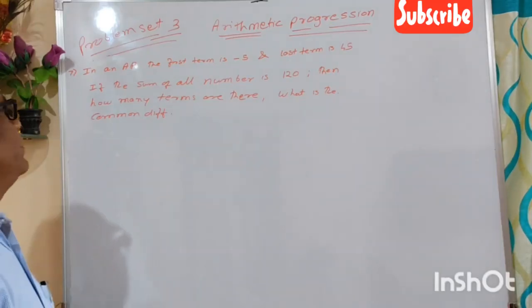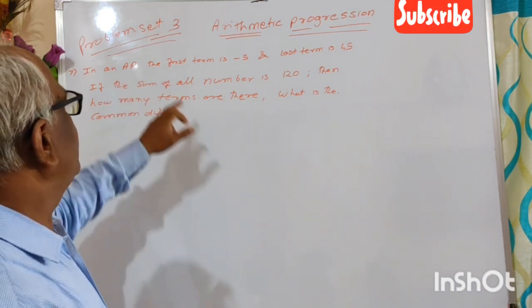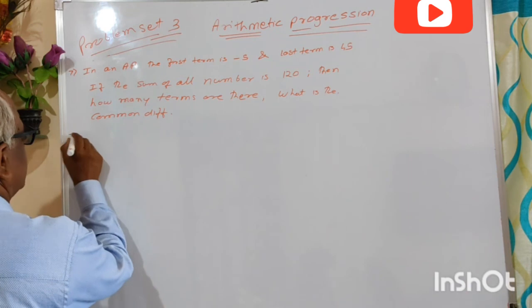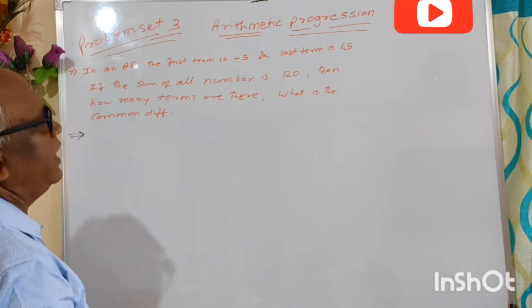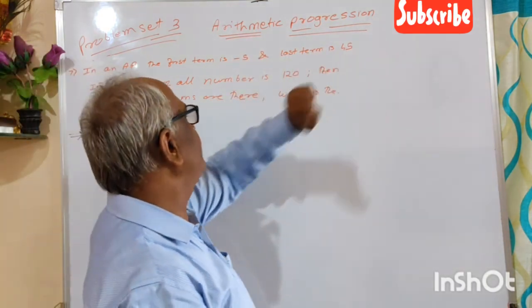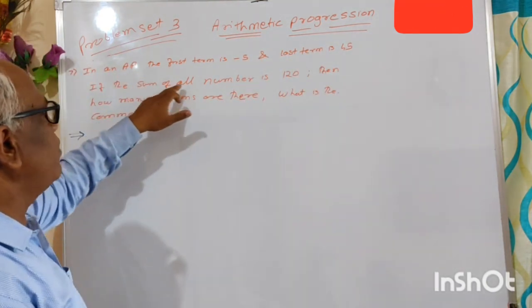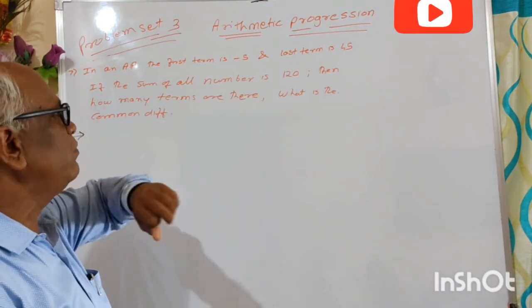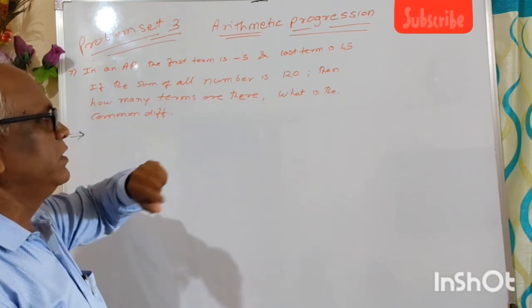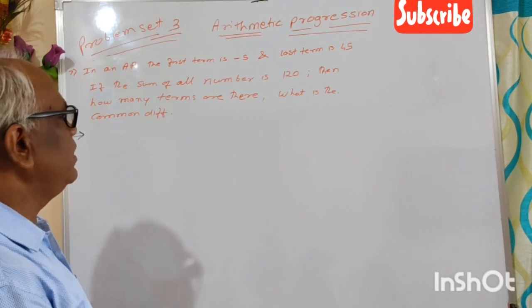Now 7th example. In an arithmetic progression, the first term is minus 5 and the last term is 45. If the sum of all the terms is 120, then how many terms are there? Then what is the common difference?